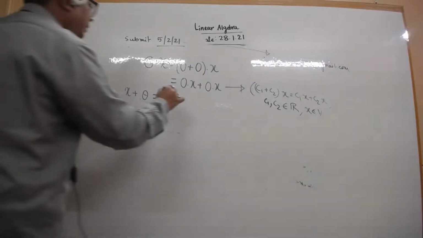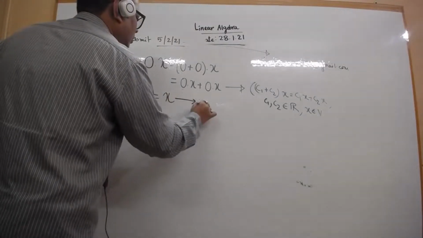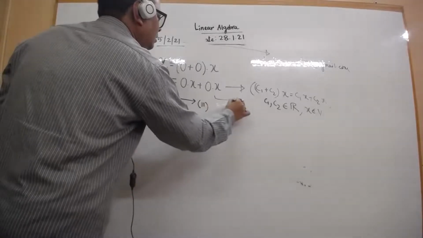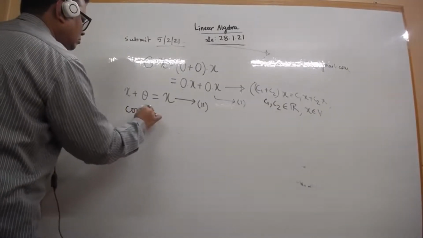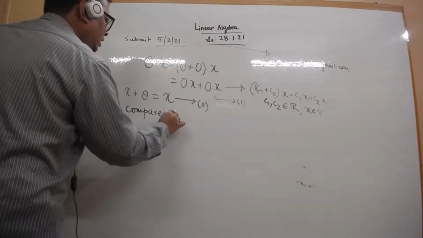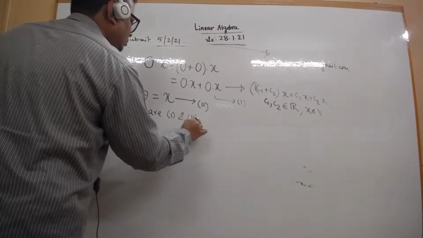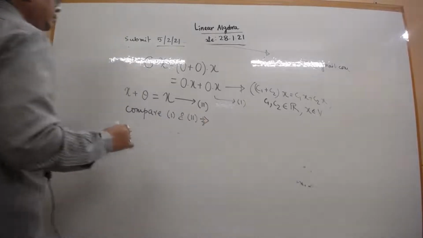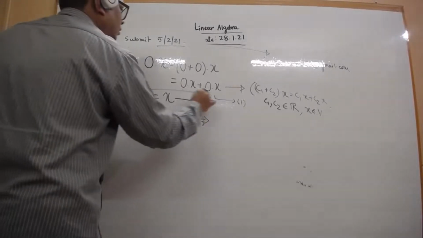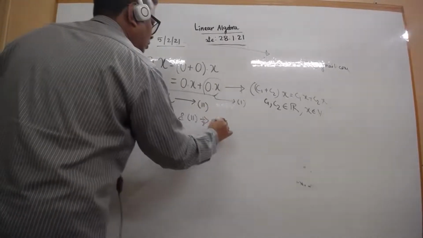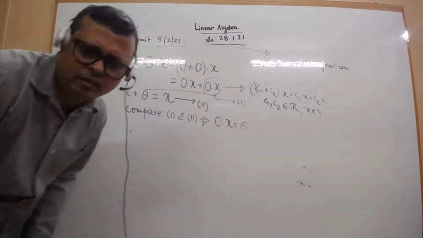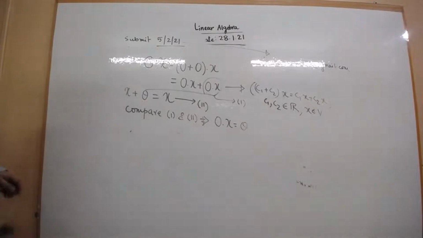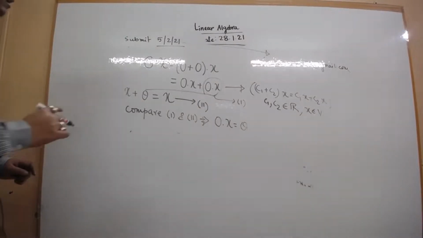Now compare, this is 2 and this is 1. Compare 1 and 2, then we get 0 into x equal to theta. Got it?